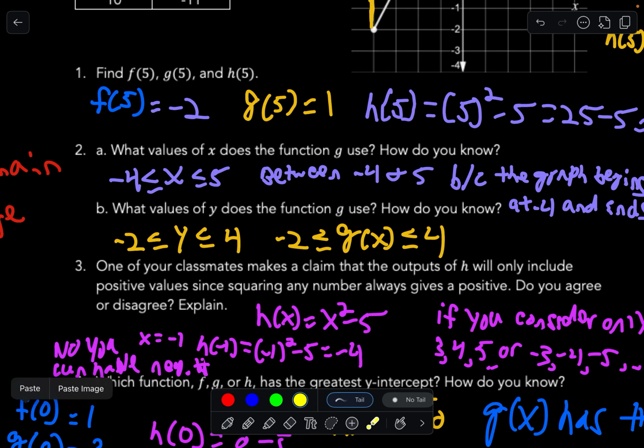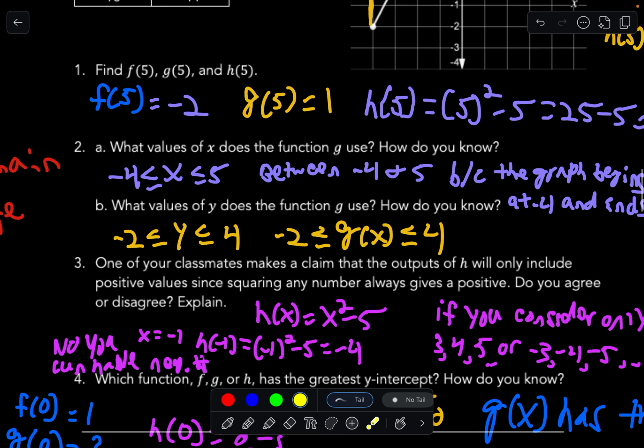So we write it as a compound inequality. -2 is less than or equal to y, which is less than or equal to 4. Or you could say y is greater than or equal to -2 and, because it's an "and," less than or equal to 4. We could also use function notation. So since we're talking g of x, that's the range.